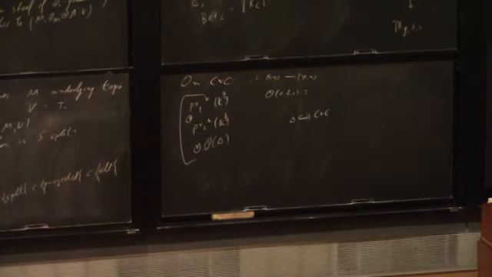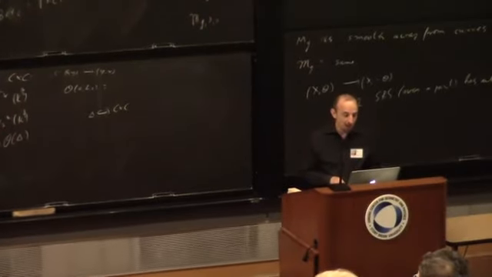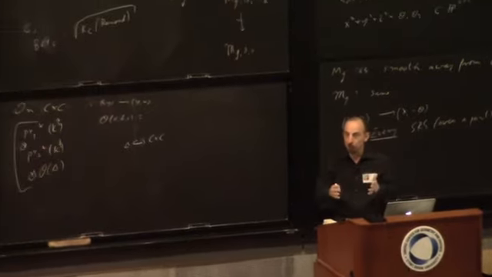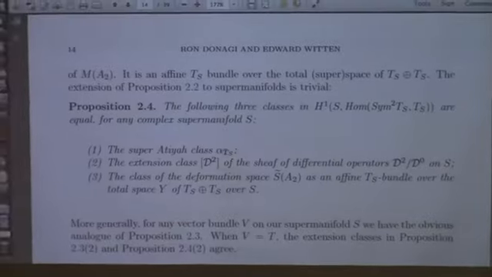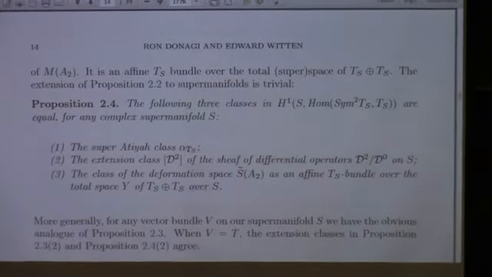The more interesting part of the story are the ones where you really have to notice some new features. The super-Atiyah class itself is an irreducible piece, but if you restrict it to the ordinary underlying manifold, it splits into pieces. Three pieces to be precise, just by counting even and odd types.